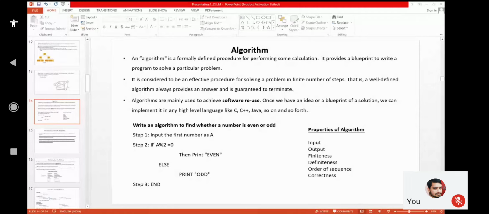Sir, Vivek Chauhan left the meeting. Sir, please turn off your camera, it consumes more data.